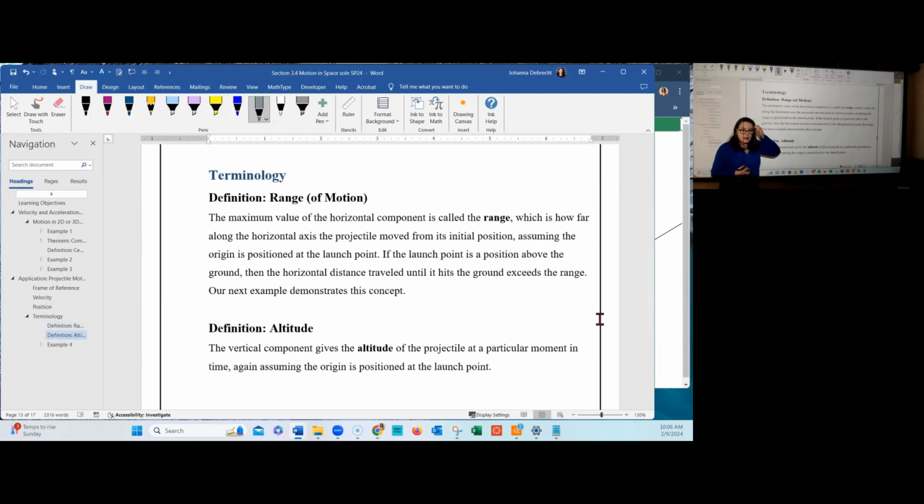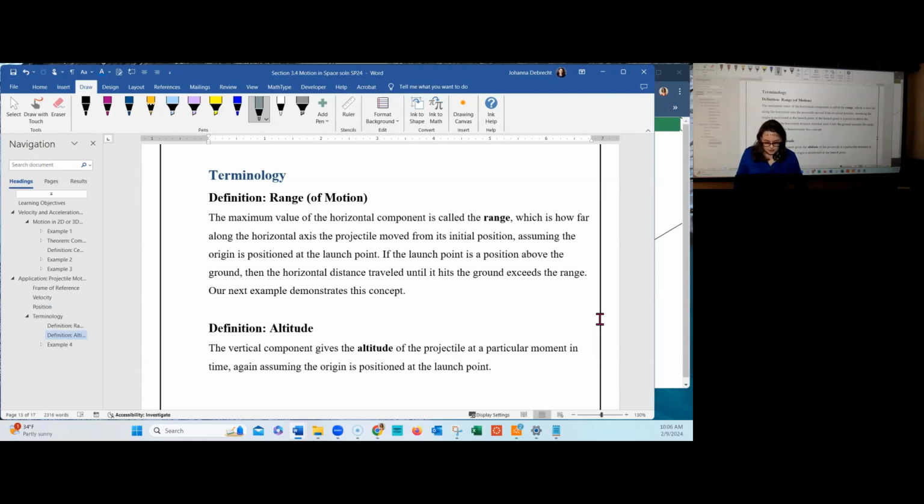When we're thinking about range of motion and altitude, range is the maximum horizontal component of the projectile, how far it travels from the point at which it was shot until it again breaks that line of where it was shot. So it's not necessarily when it hits the ground.